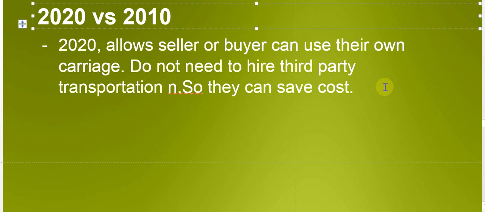Incoterms 2010 assumed that if goods were to be carried, the seller or buyer would instruct a third-party carrier, meaning that the seller or buyer should notify a third-party carrier.